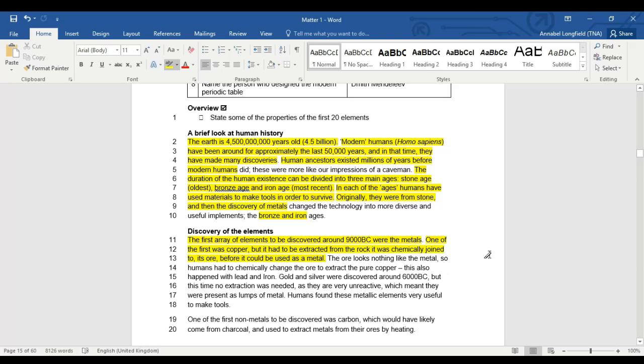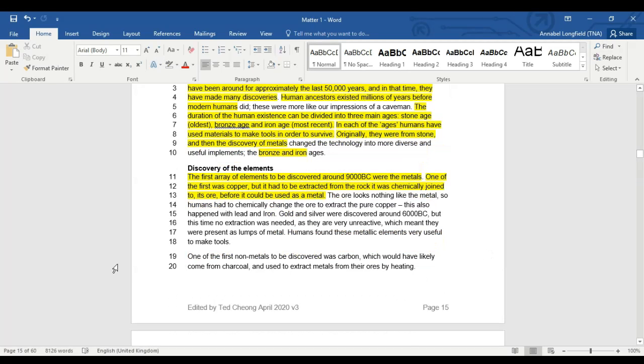So copper metal was in a rock as part of an ore, and it had to be extracted from the rock by heating it, because it was actually part of the rock that they found it in.